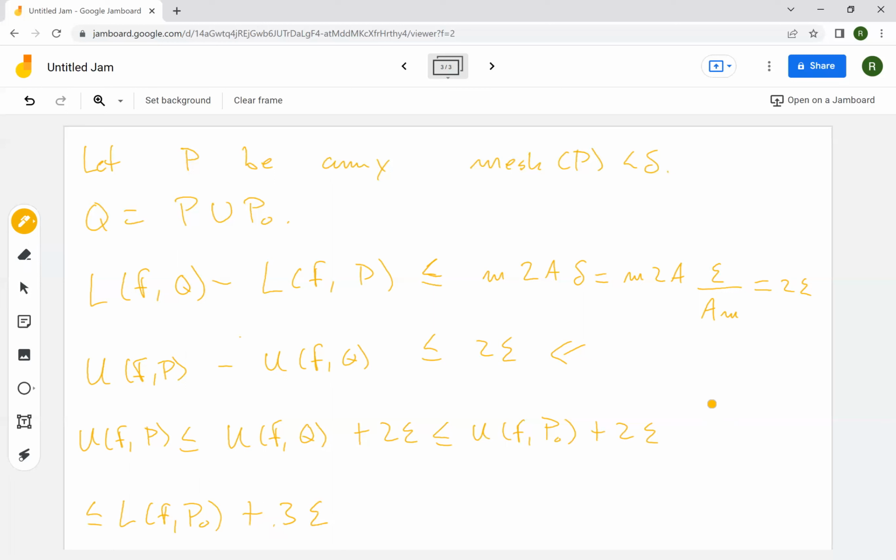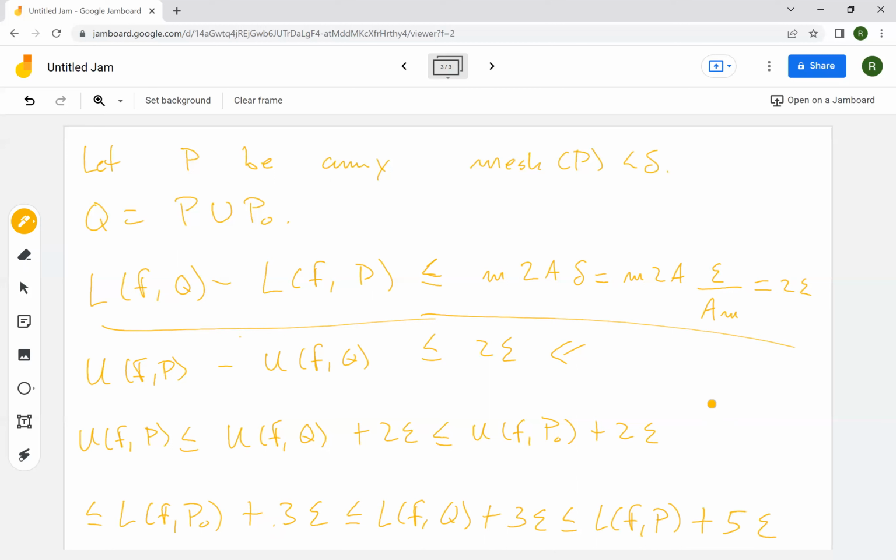Okay, I know, again, Q is a refinement of P naught, so L of F P naught is less than or equal to L of FQ, and carry through the plus 3 epsilon. And now I'm going to use the top inequality here to show that L of FQ is less than or equal to L of FP plus 2 epsilon, plus I have my 3 epsilon, so in total, plus 5 epsilon.